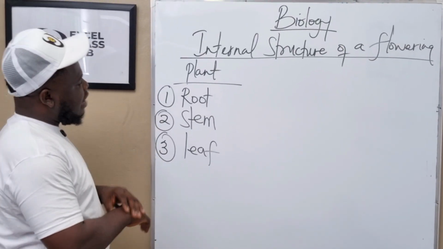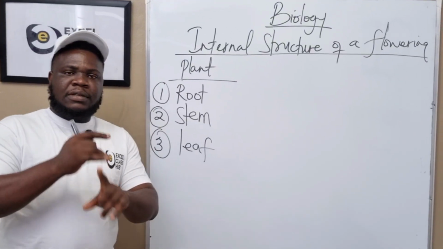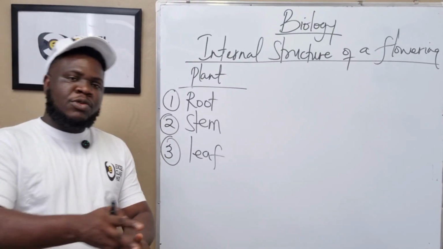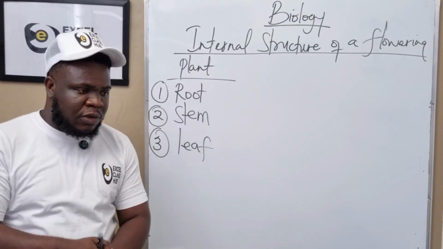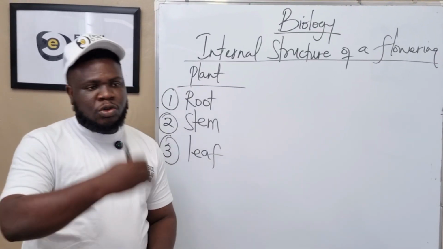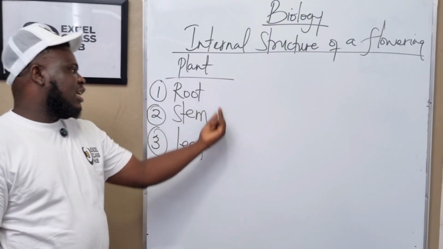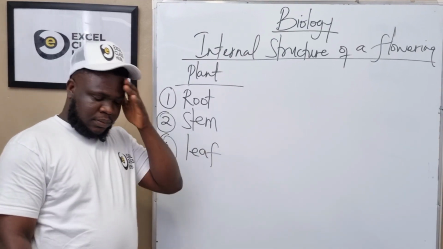Having established that flowering plants are divided into dicotyledons and monocotyledons, as we study the internal structures of a dicotyledon, we also study the internal structure of a monocotyledon under these three headings: the roots, the stem, and the leaves.